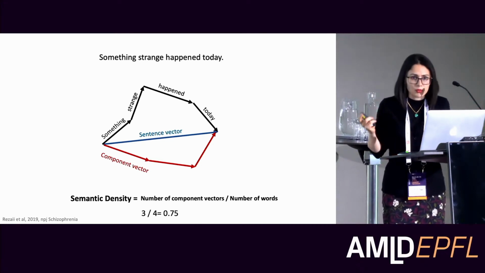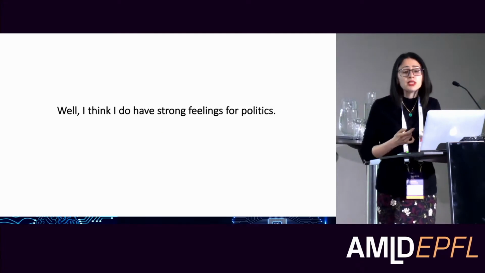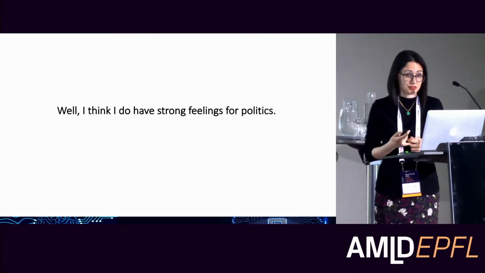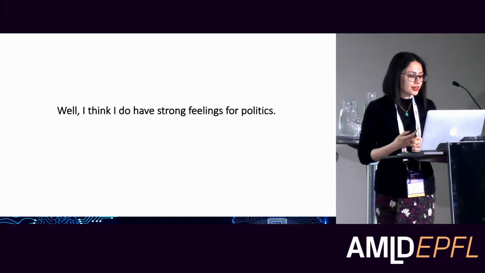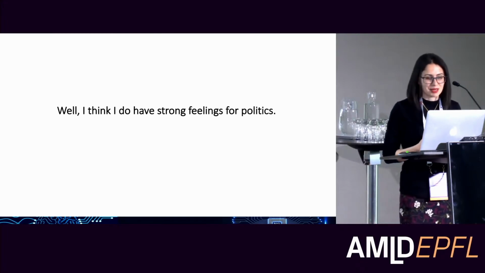But what does that mean in real life in psychiatry? Then we looked at the sentences produced by the individuals who were at high risk of developing psychosis. Let's take a look at a few examples. "Well, I think I do have strong feelings for politics." Not a bad sentence semantically.